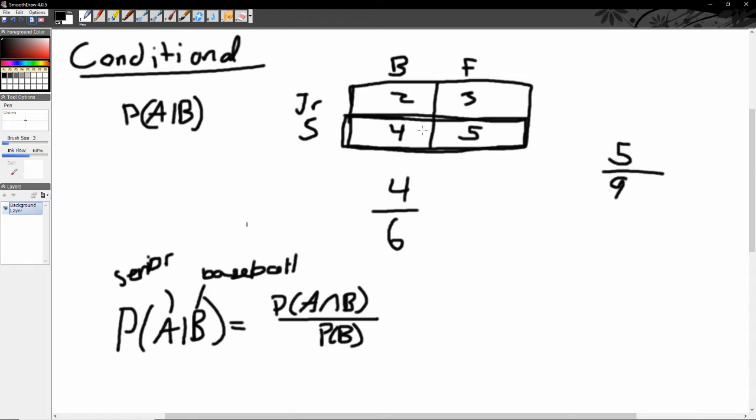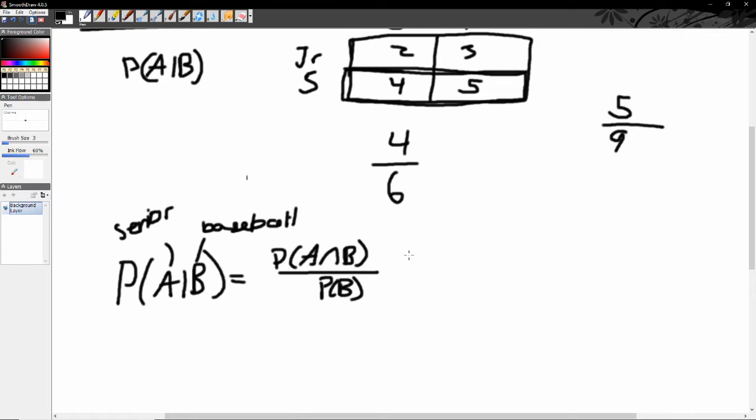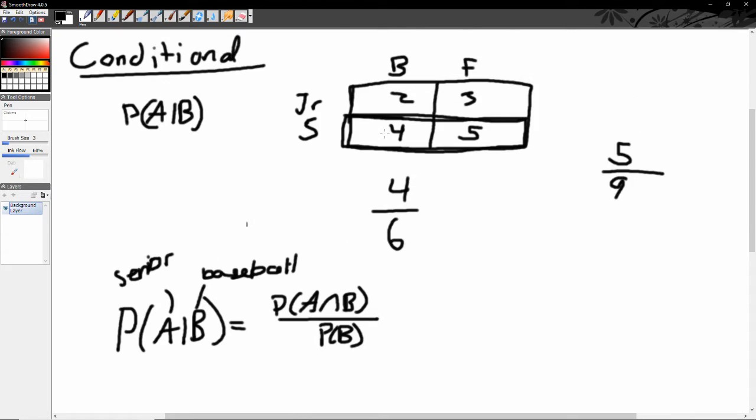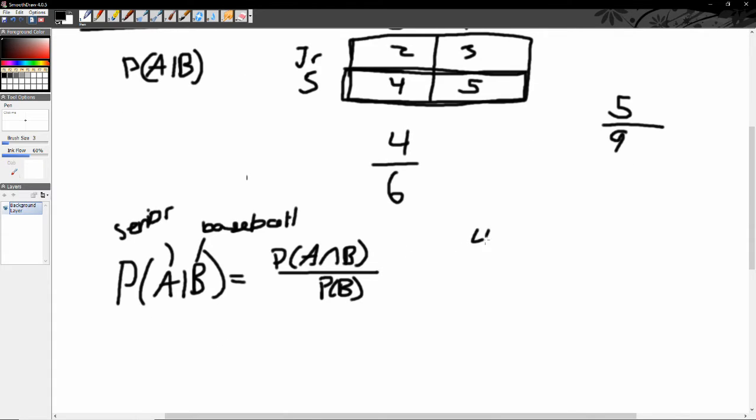The total here is you add everything up in the table. Sometimes there will be total rows. That makes it easier to get the total, but you would not add those up here. For this, we're adding them up because there are no total rows. So 2 plus 3 is 5, plus 5 is 10, plus 4 is 14. So the probability that you're a senior who plays baseball is 4 out of 14.